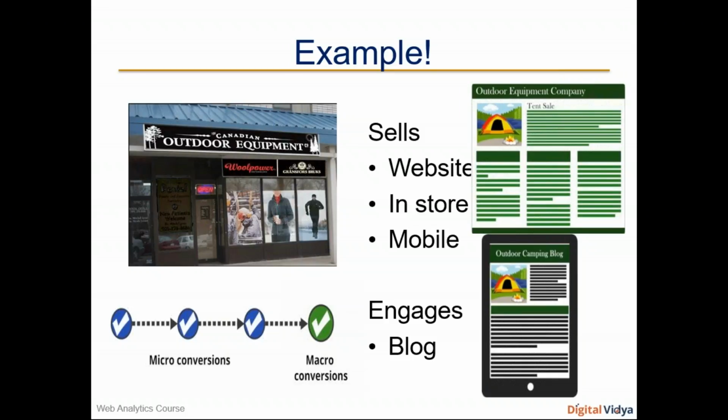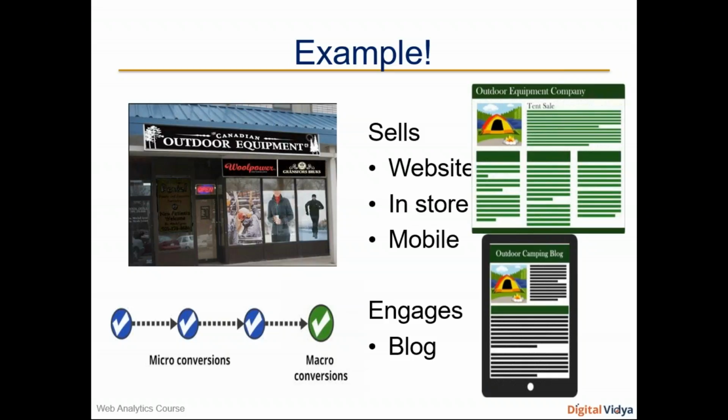Every business is there for a reason. Excuse me, sorry about that. So every business is out there for a reason, and whatever that reason is, when that happens, that is a macro conversion. It is very easy for us to spot that. For example, for FedEx, it might be a person booking a shipment, I want to send something as a courier.